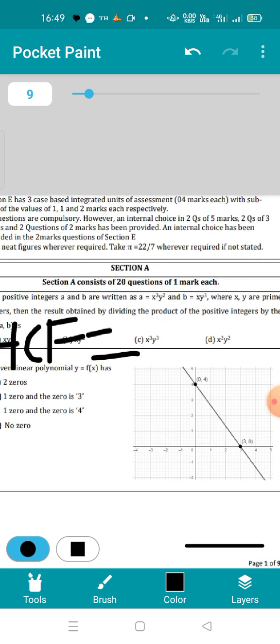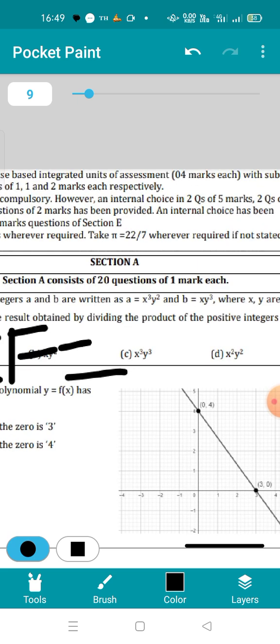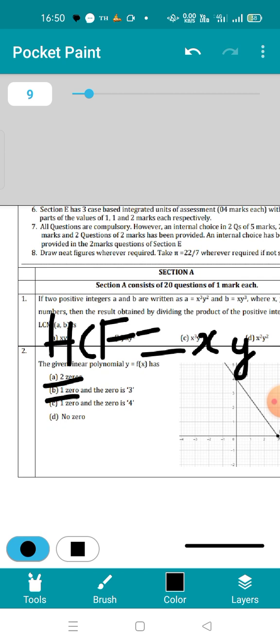First, identify the letter or the variable which has appeared in both a and b. So it is x. Also you can see that y is present in a as well as b. So I'll write xy. Now for highest common factor, HCF is the short form of highest common factor, choose the lowest power.